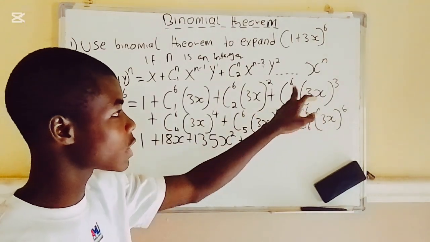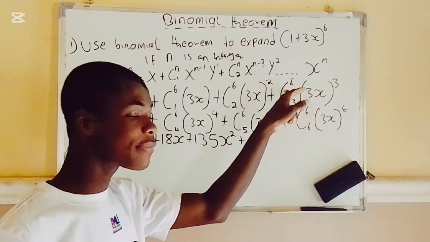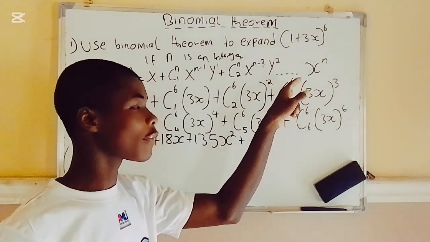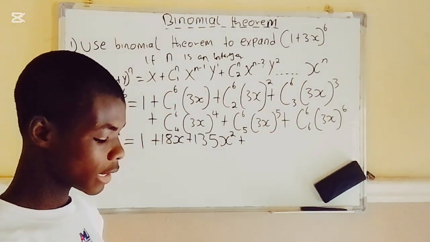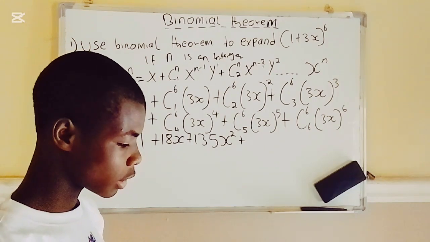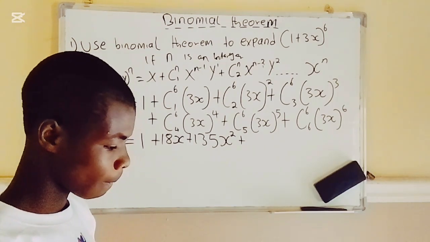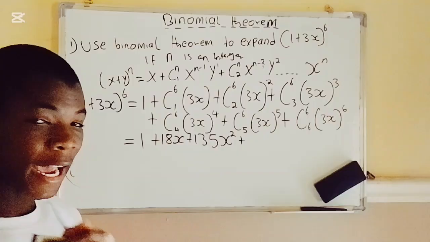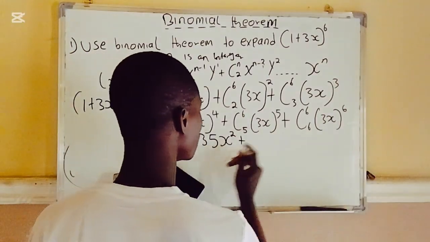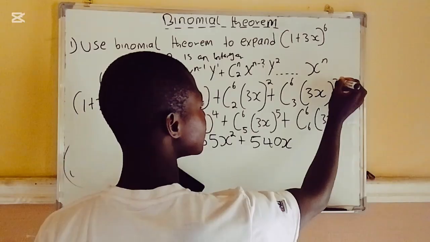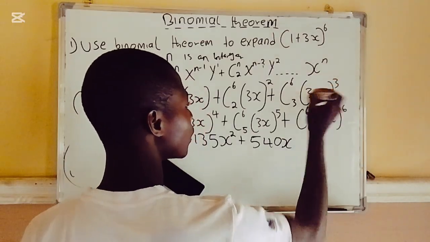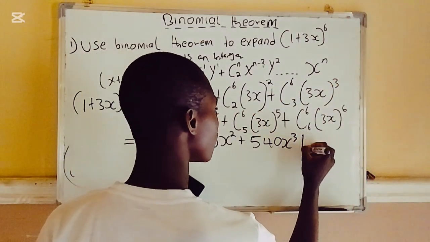If I multiply 27 by 6 combination 3, which is 20, I think I will get 170 something. Oh, let me check, multiplied by 20, I will get 540. So therefore 540x. This 3 consists of the 3 and x, so I will put 3.